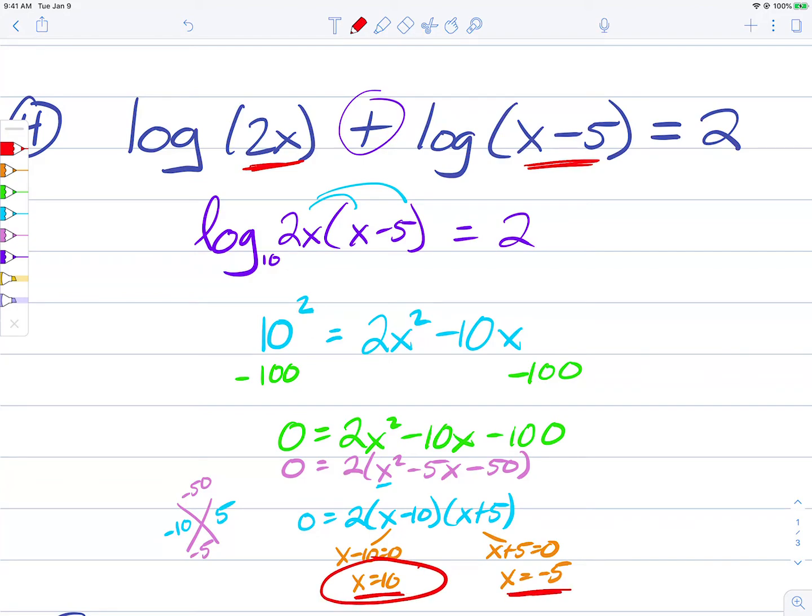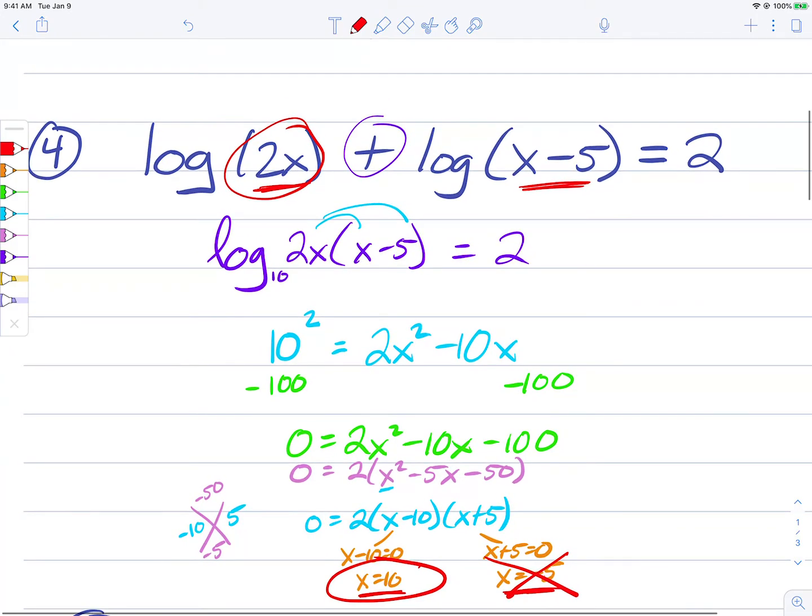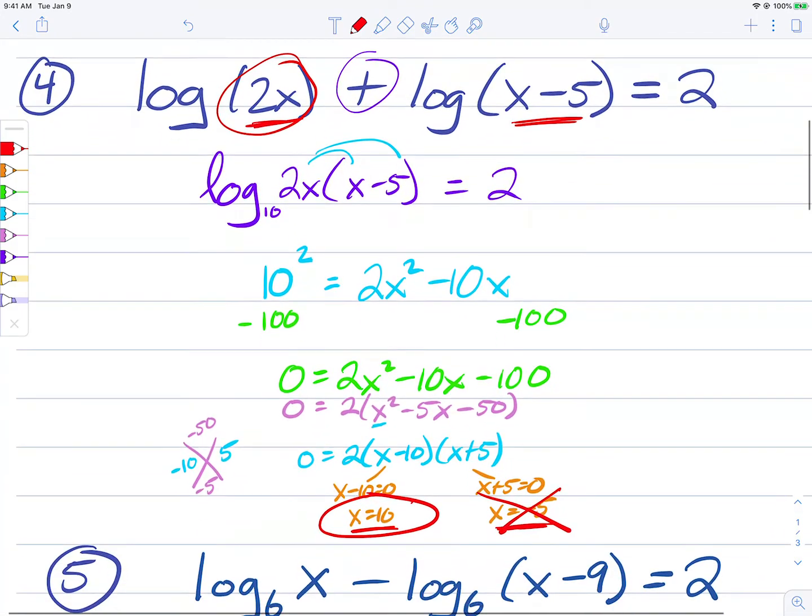If I tried negative 5, 2 times negative 5 is negative 10. You cannot take the log of a negative number. So this is called an extraneous solution, and we cross it off. The answer is only 10. So you will have to check if your answer results in a negative number in the original problem. If it does, cross it off. It's not actually an answer. It's kind of like a phantom answer.